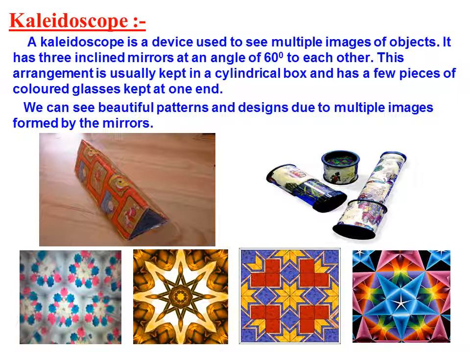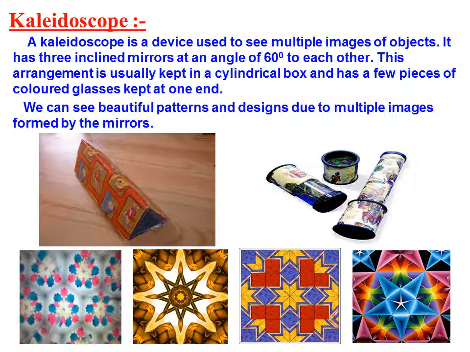As you all know, submarines are a type of ship that is under the water. If they have to see any objects, they use the periscope, which is at the surface of the sea or surface of water. So we can say that a kaleidoscope is a device to see multiple images of an object.